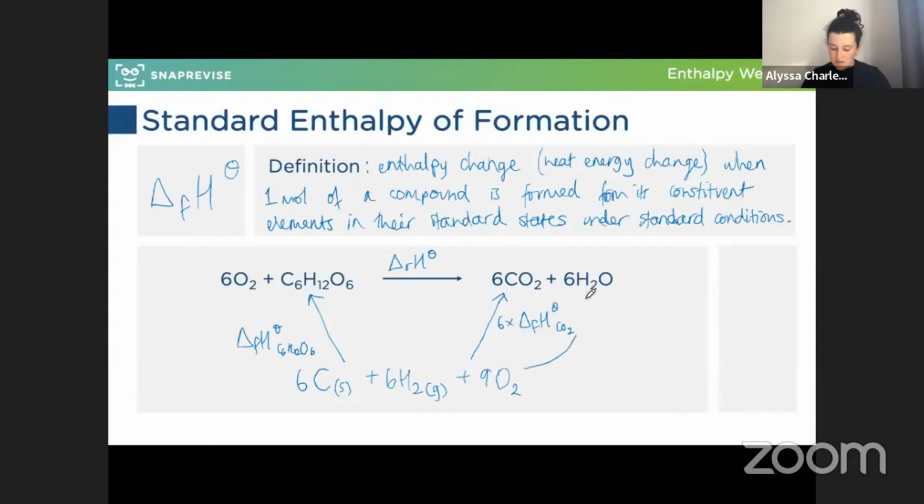And although I haven't given myself enough space, I'm forming 6 moles of water, 6 lots of the enthalpy change of formation of water. And again, the arrow needs to go towards the thing that is being formed because that's what the process is describing.